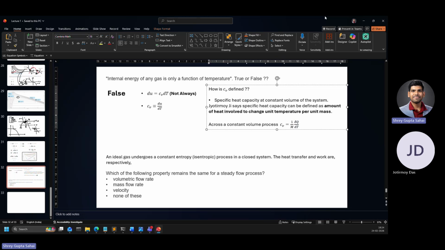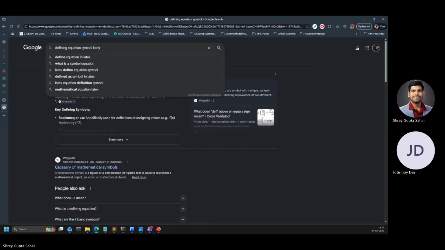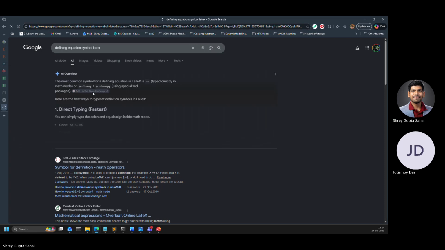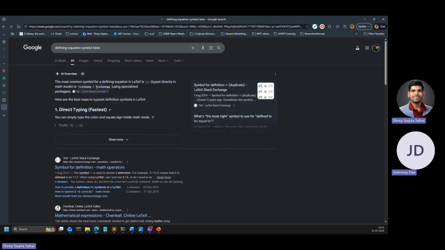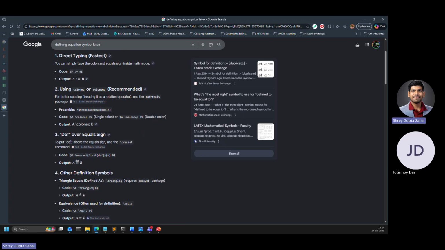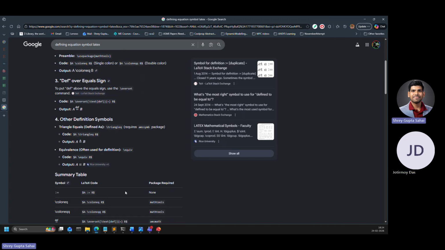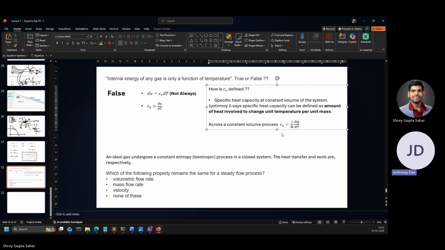What do I mean is, first of all, let me see. This is also a symbol, right? Let's use definition. This is okay. We can use the triangle symbol.